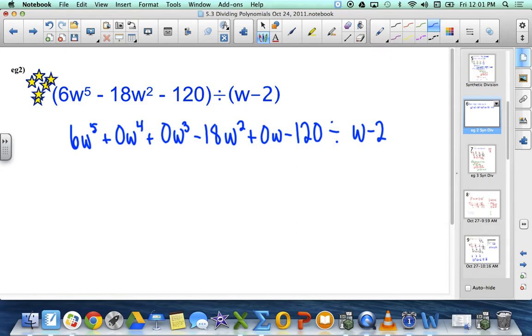So you'll notice here I don't have a w to the 4th. I don't have a w to the 3rd. And I don't have a w. So I have held those places. And when we write down the coefficients, we'll write down 6, 0, 0, negative 18, 0, and negative 120.